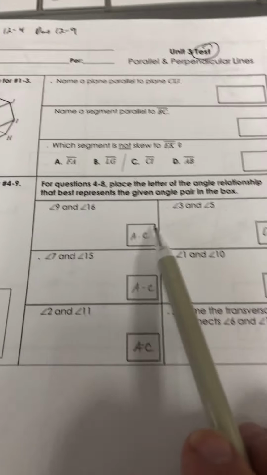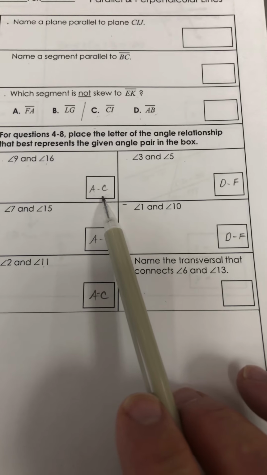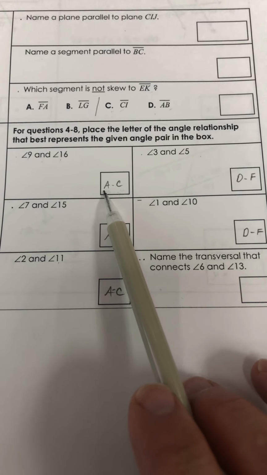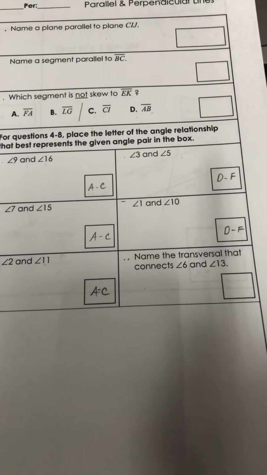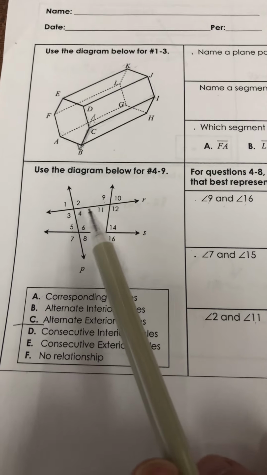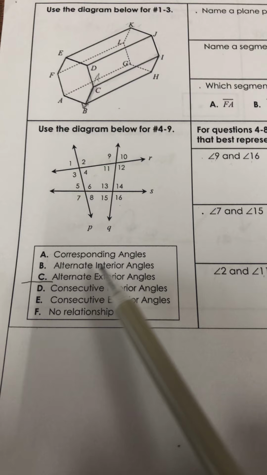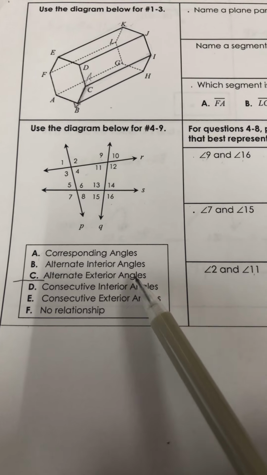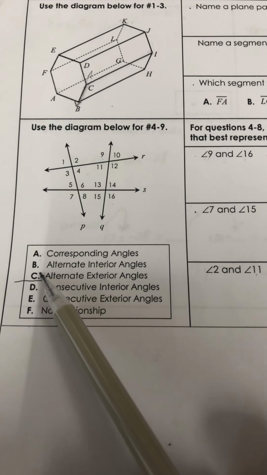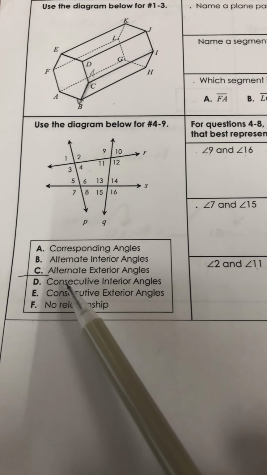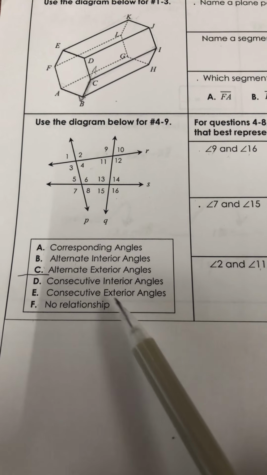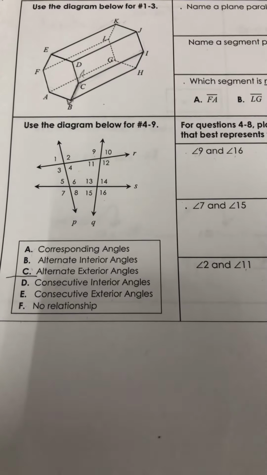For each one of these, your answer is either A through C or D through F. Look at those angles on this diagram and where they are located in relation to each other. They're either going to be corresponding angles, alternate interior angles, or alternate exterior angles. That's if they're A through C. If it's D through F, they're either consecutive interior angles, consecutive exterior angles, or no relationship.